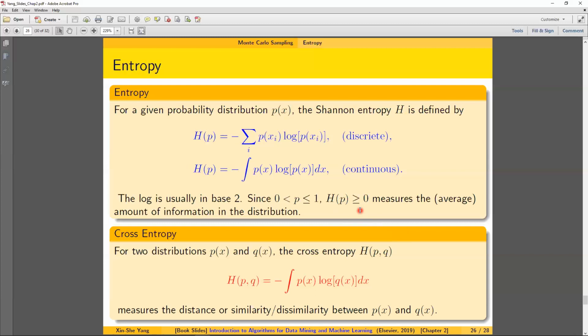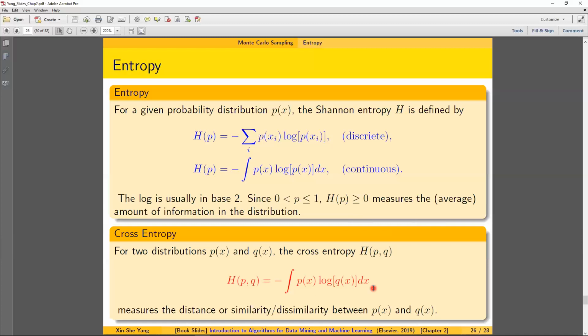And then there's a related definition, not quite different, that's called cross entropy. For two distributions P(x) and Q(x), H(P,Q) is the negative of the integration of P(x) log Q(x) dx, which measures the distance, or similarity or dissimilarity, between P(x) and Q(x).